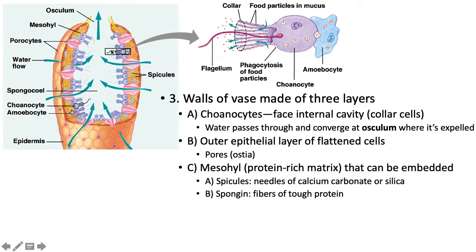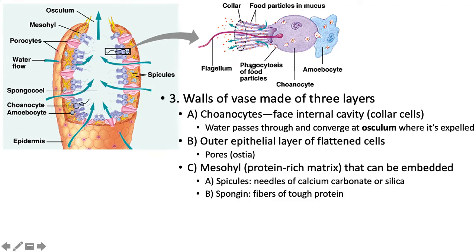These cyanoflagellates flap their little flagella, and the food travels through and can get caught in the mucus, and then phagocytosis occurs, and that's how sponges eat. There's a limitation here with cyanocytes. They can only eat microscopic organisms, bacteria, small food particles, so whatever they eat is obviously smaller than this cyanocyte.